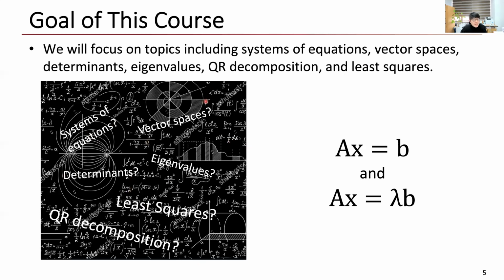But I would say we will study two kinds of things in this course: Ax equals b and Ax equals lambda x, which is called the system of linear equations. We will talk about how to set up your problem as a system of equations and how to solve these kinds of equations efficiently and effectively.